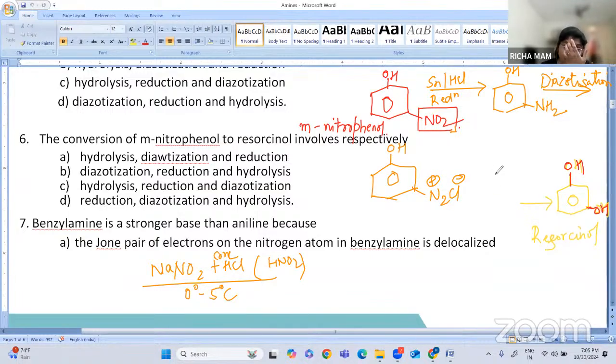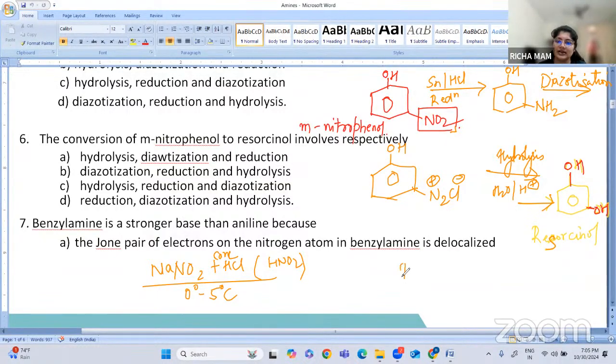Now further, if I do acid hydrolysis, the N2Cl will be replaced by OH. So I am going to get resorcinol. So what are the options?